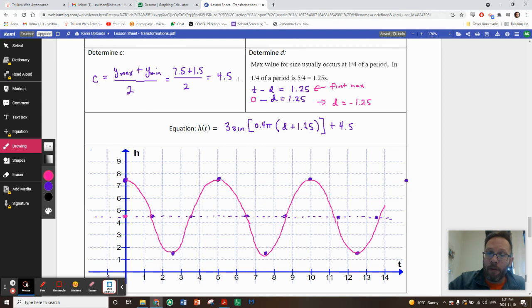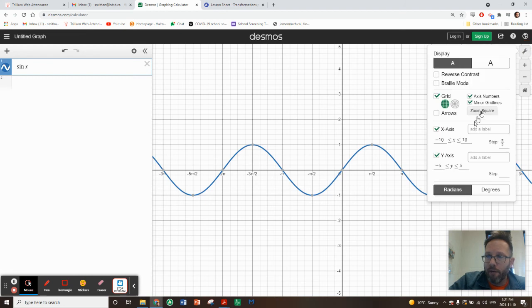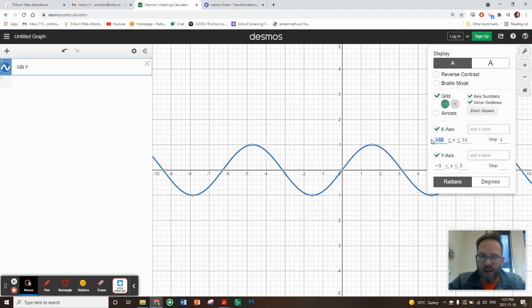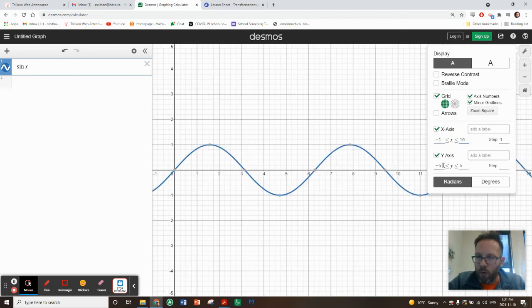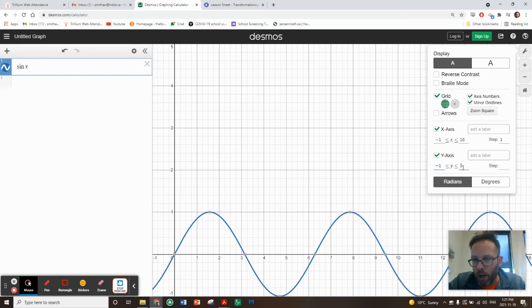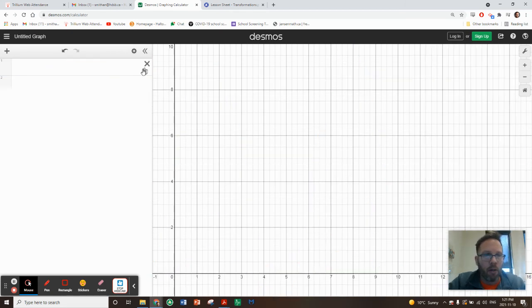Now I'm going to pop this into Desmos, and let's check this one out. So I might just change my graph settings back to normal. So for our x, I think we went from -1 to around 16. And for our y's, we'll just go from like -1 to 10 or so. That should show things pretty well. And yeah, we think our graph is this.